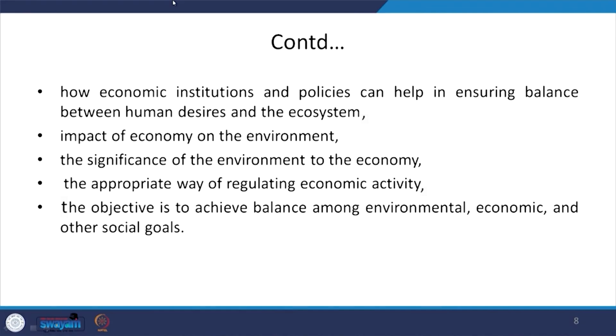the environment. So, in environmental economics we also study the significance of the environment to the economy, and sometimes it is said that environment and development are both a must, but environment is first. So, we have to study the relationship between environment and development in environmental economics. For instance, we need development activities, but development also leads to environmental degradation.